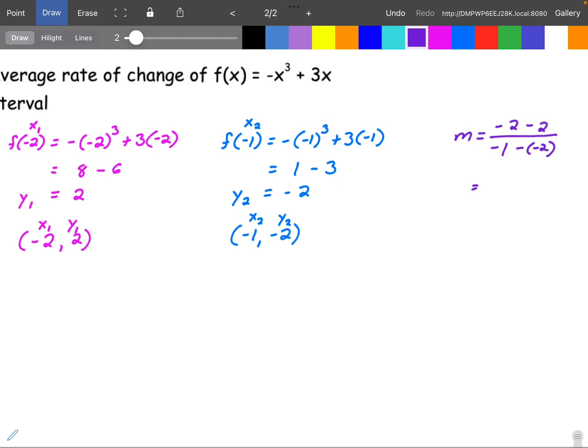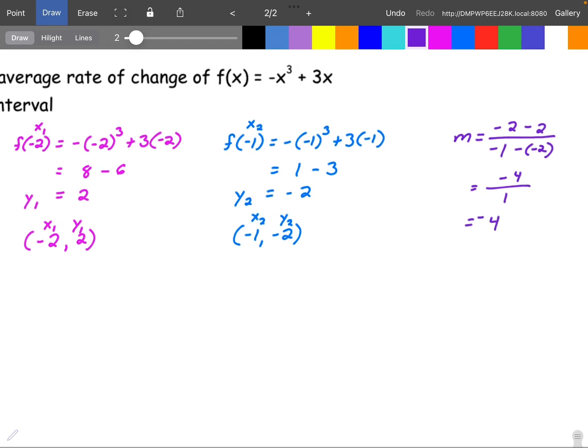So that gives me negative 4 in the numerator, and then negative 1 plus 2 is just 1. So my slope comes out to be negative 4, and slope is the same thing as average rate of change. So average rate of change equals negative 4 over that specific interval.